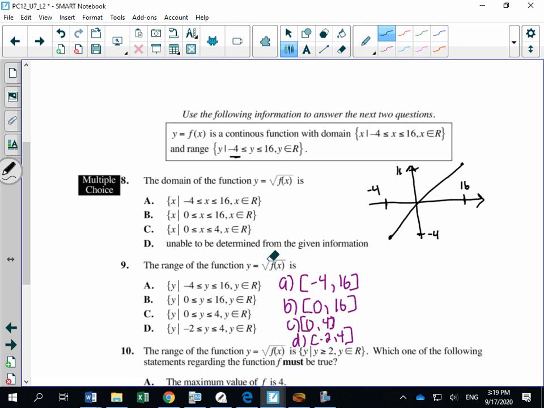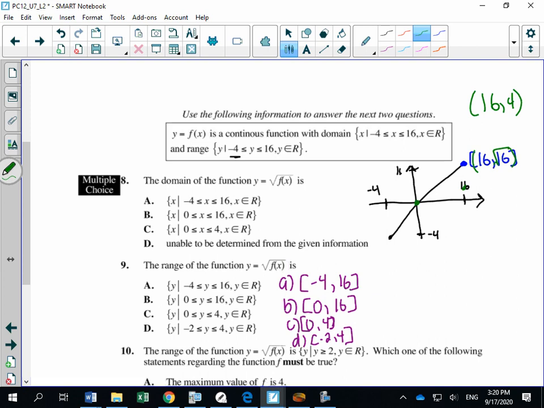So I hope what you see is that this point here, 16 comma 16, the new point is going to be at 16 comma 4, which will go down to here. And then remember that we can't graph these negative pieces of the original graph.